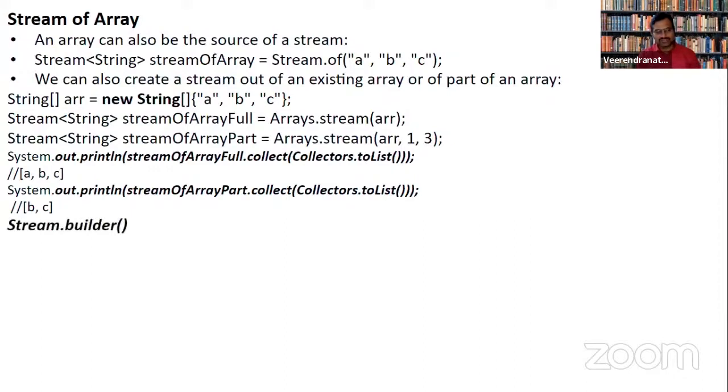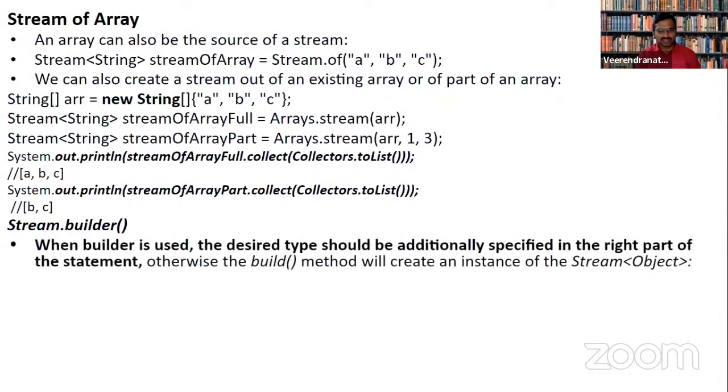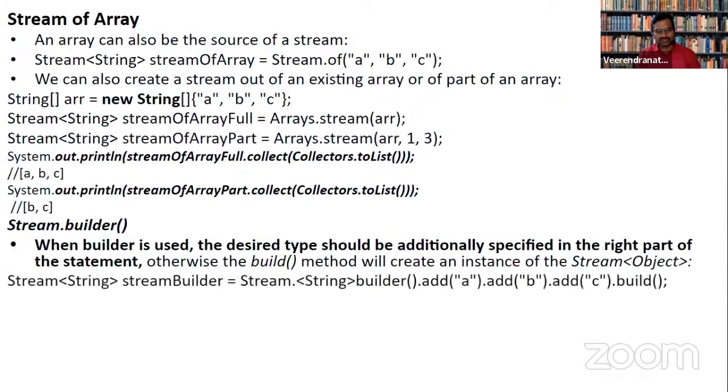And then we have something like a builder in stream. What we are going to do in this is build a collection of elements. Generally this add is used in collections.